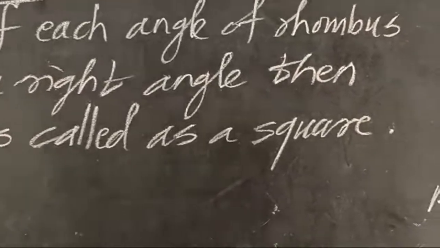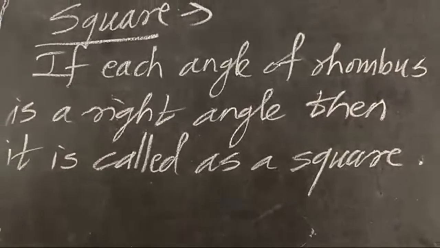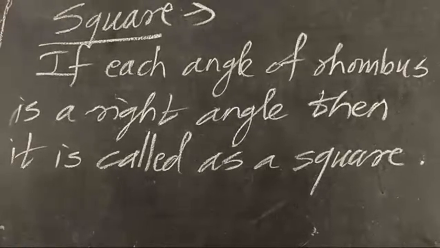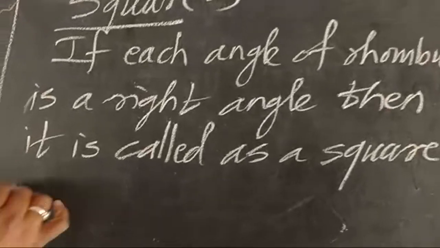What is the definition? If each angle of a rhombus is a right angle, then it is a square.